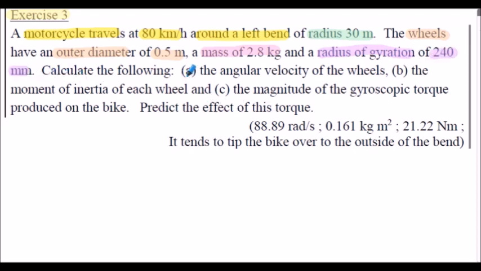We've got to calculate A, the angular velocity of the wheels, B, the moment of inertia of each wheel, and C, the magnitude of the gyroscopic torque produced on the bike. We have to predict the effect of this torque on the bike. The answers are shown in the brackets here. I would encourage you to stop the presentation and attempt exercise 3, but again the full solution is shown on the following slides.